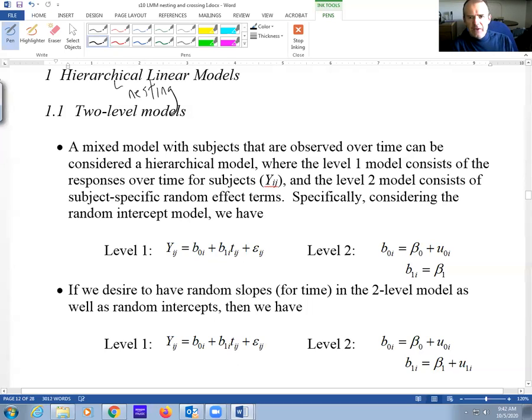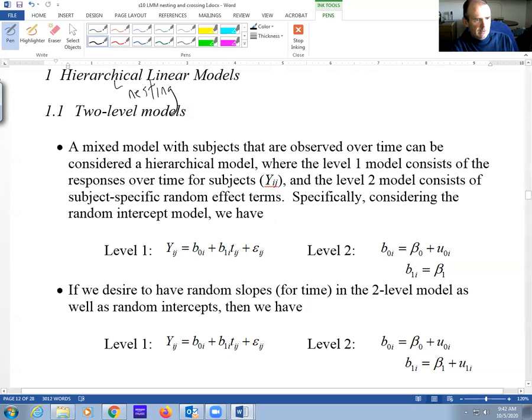It sounds fancy, doesn't it? It's a hierarchical linear model. It's like, wow, that sounds really complicated. It's just models written for data or factors that may be nested. And so this notation that we have on this page just distinguishes the different levels in the hierarchical model.